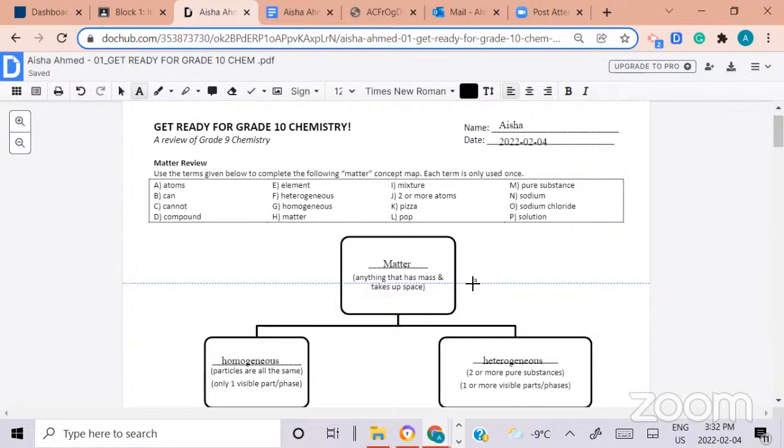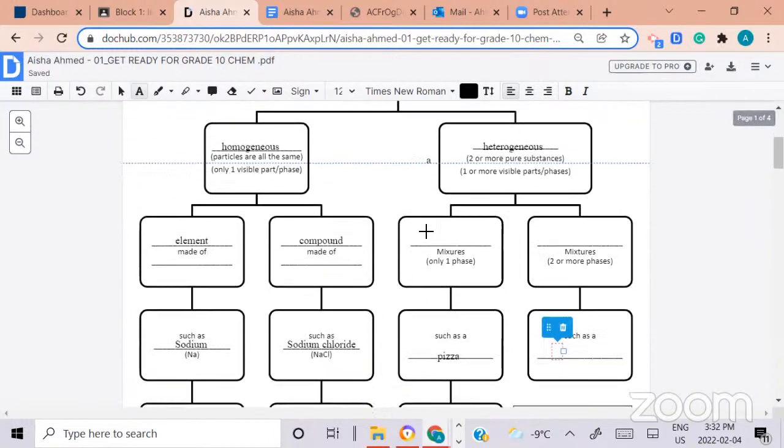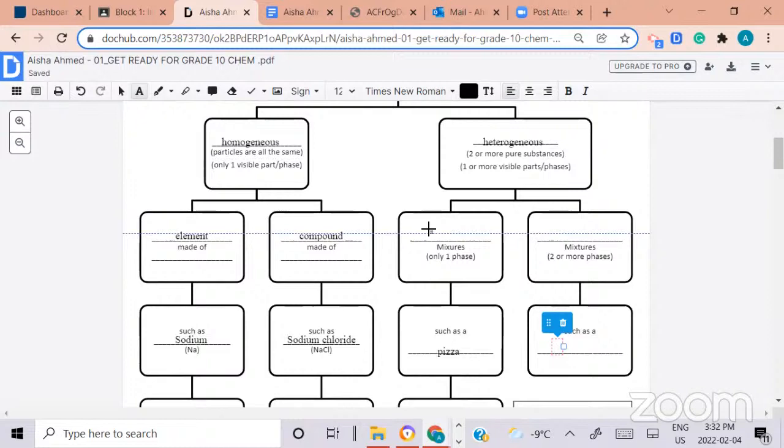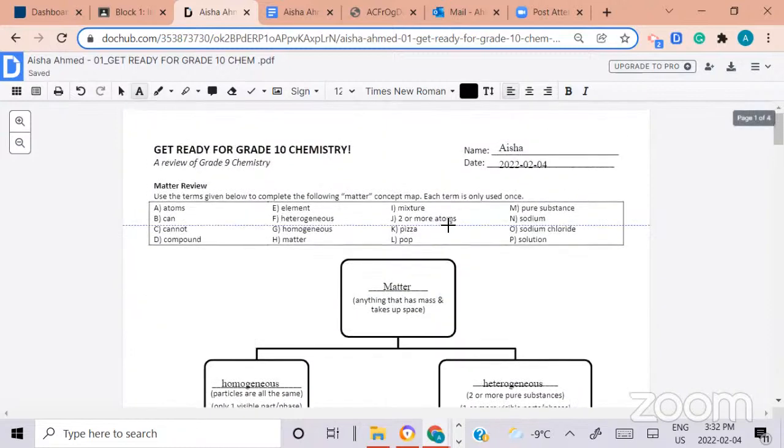Pizza and pop. The thing with pop is that it's just one kind of homogeneous solution. Yeah, pop is homogeneous. I'm looking.